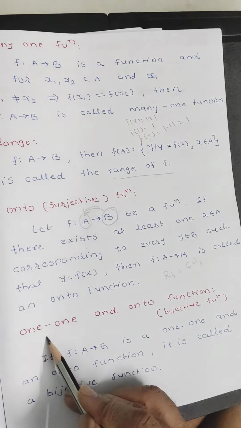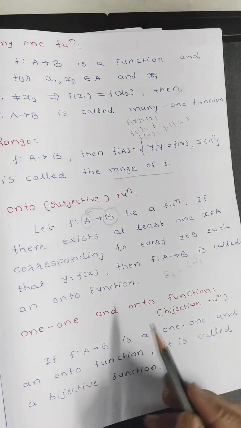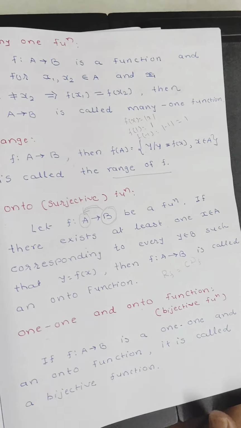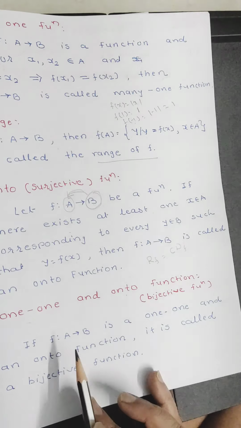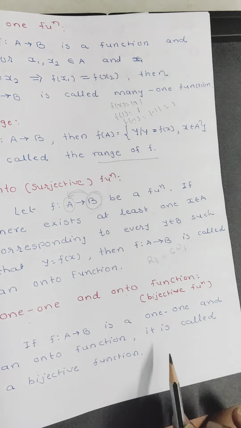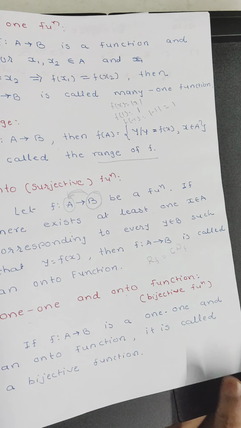Only 1-1 is injective, only onto is surjective. If a function is 1-1 and onto both, then it is called bijective.